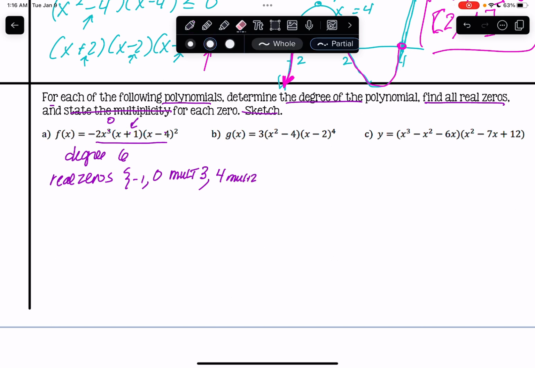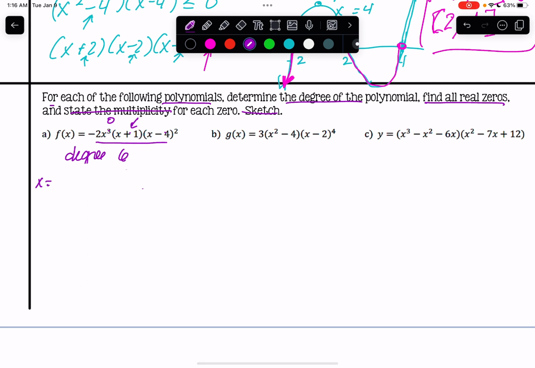So I'm going to write that so it fits on my page. So one more time, I have x equals -1, 0, multiplicity 3, and 4, multiplicity 2. So those are my zeros.